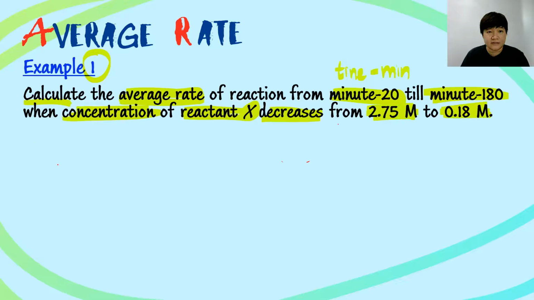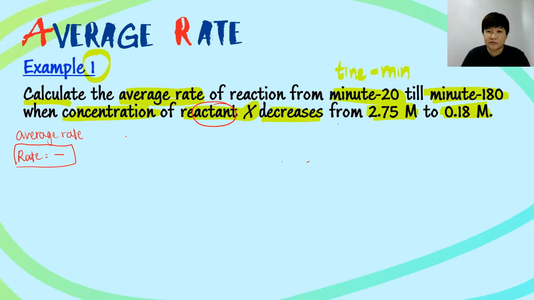So as always guys, we'll take out the information first. The question is asking for average rate, so we need to roughly know that your rate formula will be negative. Why negative? Because it's a reactant. So you will be using the one in negative.